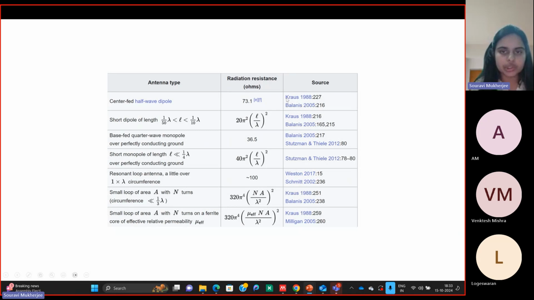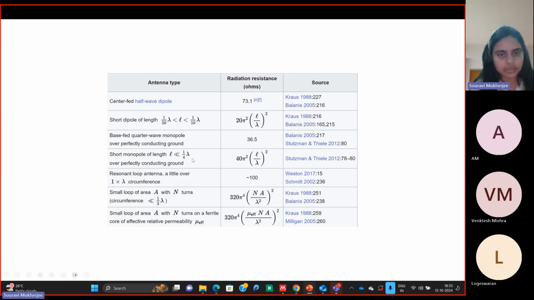It deals with all the derivations of how you get to these expressions. Basically, you have to consider how big or small your antenna is. You have to be careful about the dimensions of the antennas in certain cases, while in other cases you might not have to.